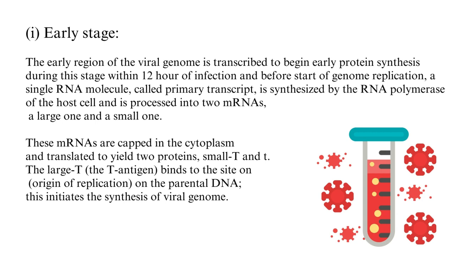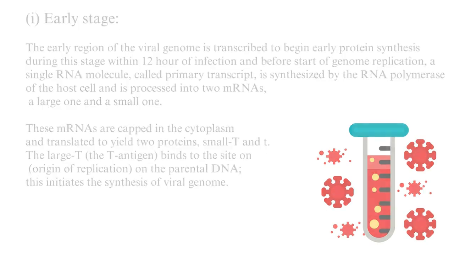These mRNAs are capped in the cytoplasm and translated to yield 2 proteins. The large T, the T antigen, binds to the site which is the origin of replication on the parental DNA. This initiates the synthesis of the viral genome.